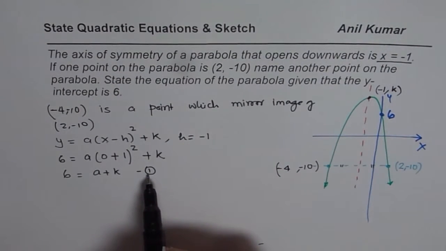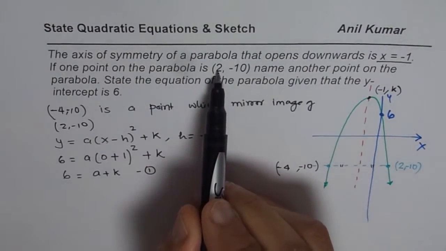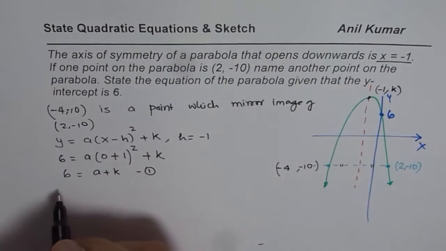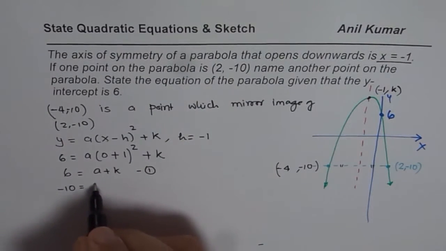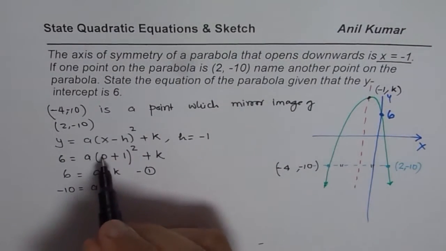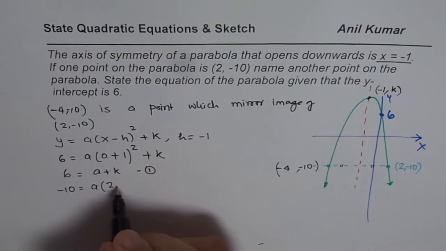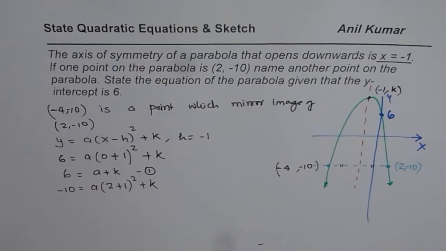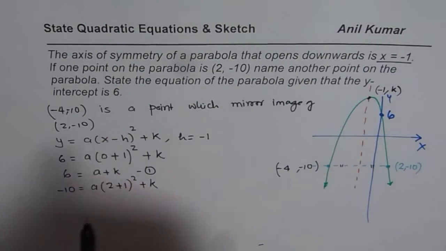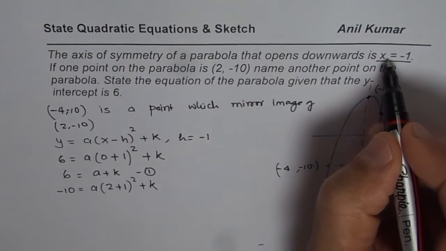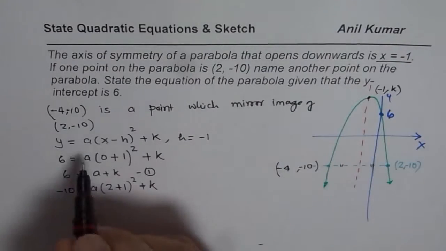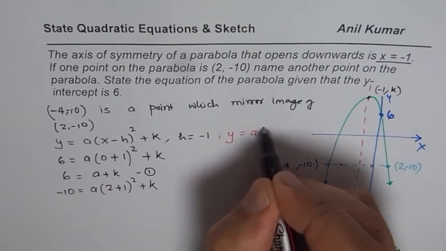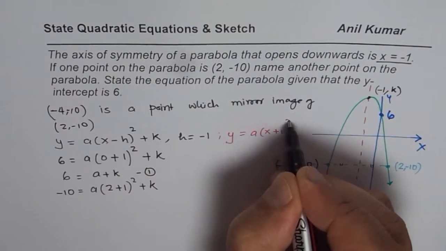To get the second equation, we can use the second point (2, -10) given to us. Minus 10 is the y value, so I write minus 10 equals a times (2 plus 1) whole squared plus k. Let me rewrite the equation: since h equals minus 1, y equals a times (x plus 1) whole squared plus k.